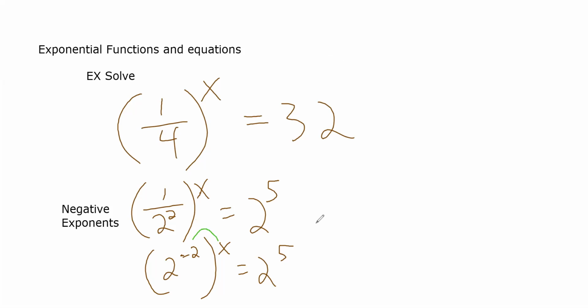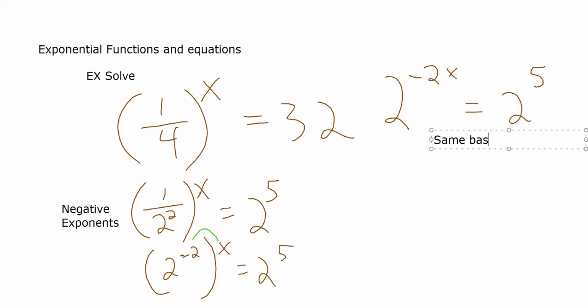So ultimately, we've got it down to 2 raised to the negative 2x power equals 2 to the 5th power. And so now check it out. We've got the same base on both sides.